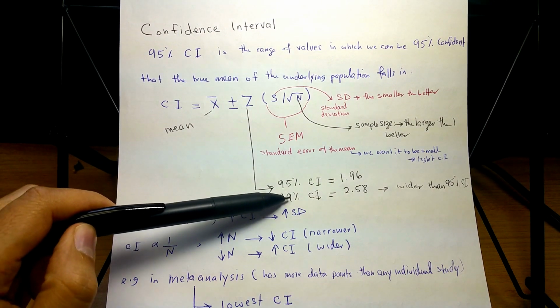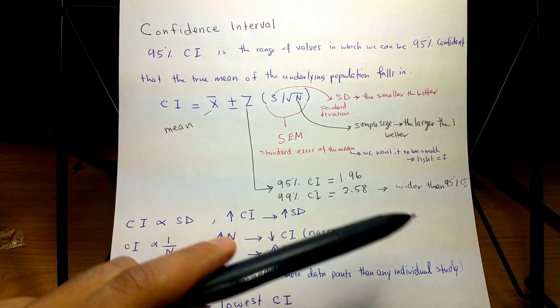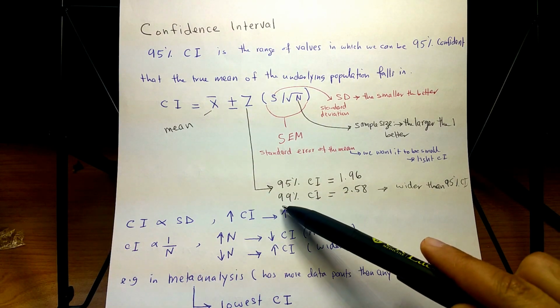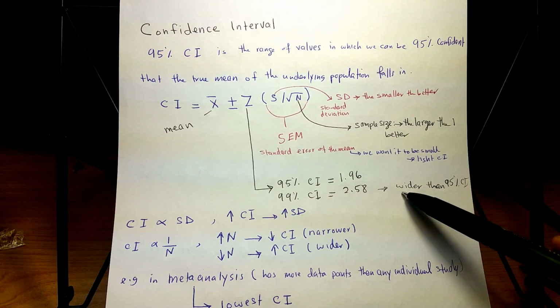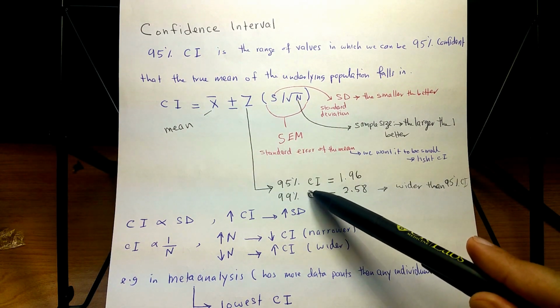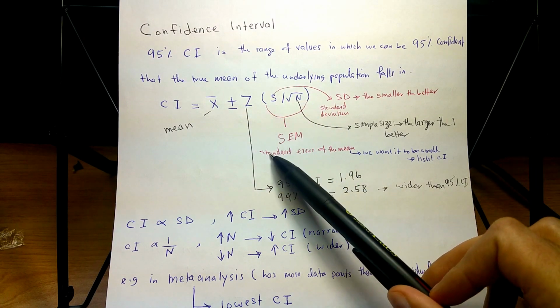If they ask about the 99% confidence interval, it's 2.58. With the 99% confidence interval, we're very sure, but it's going to have a wider confidence interval than the 95%.